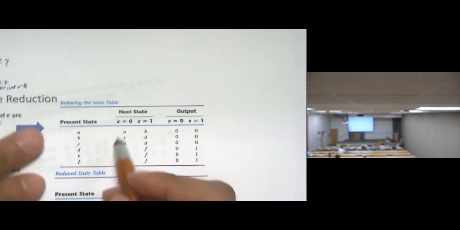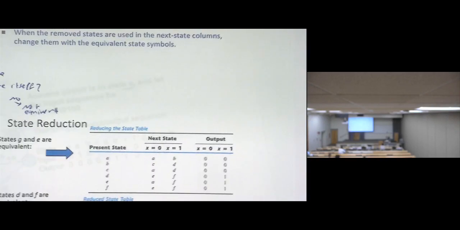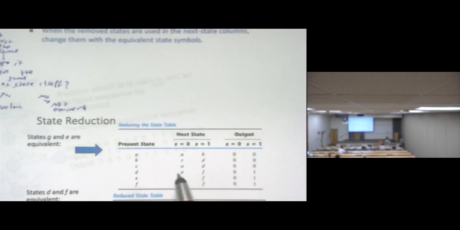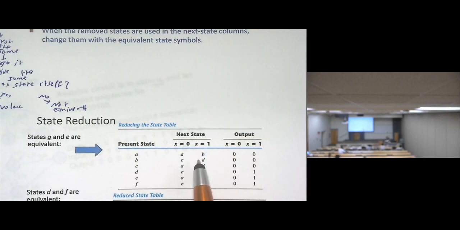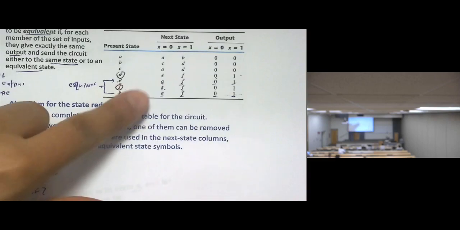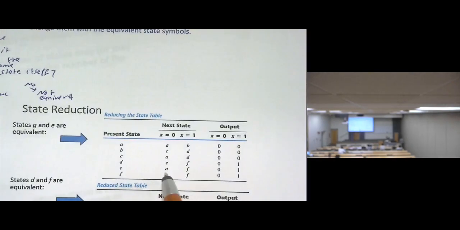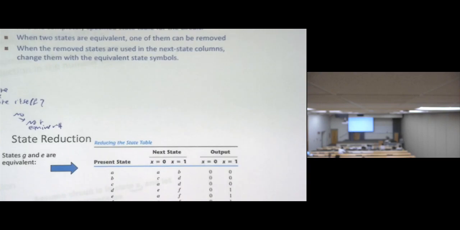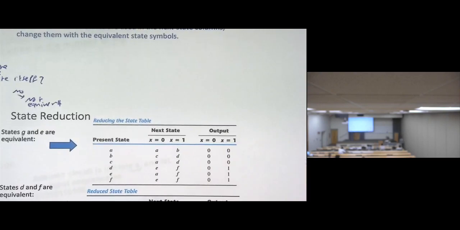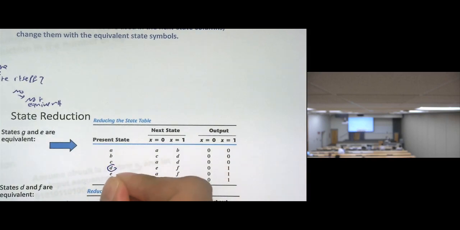Then rewrite the table, and we replace any G in this table by E. So if there was a G, replace it by E. Then by looking at this new table, we will see that D and F are the same.